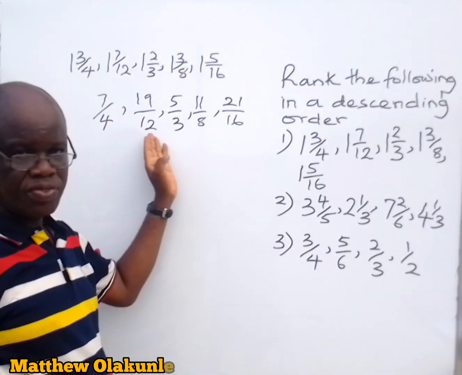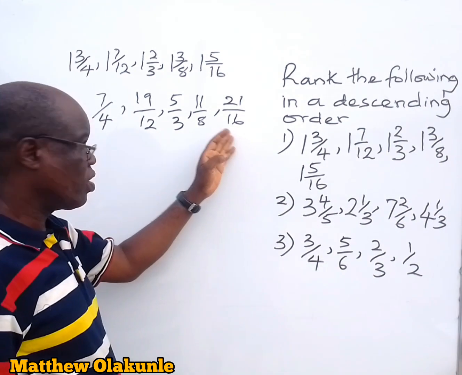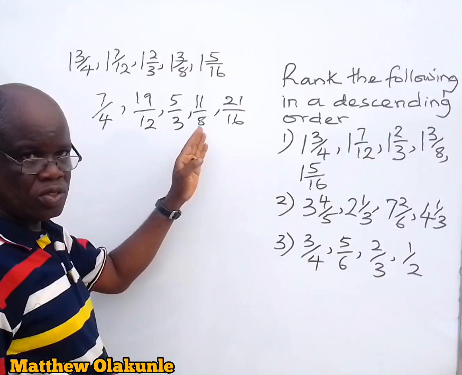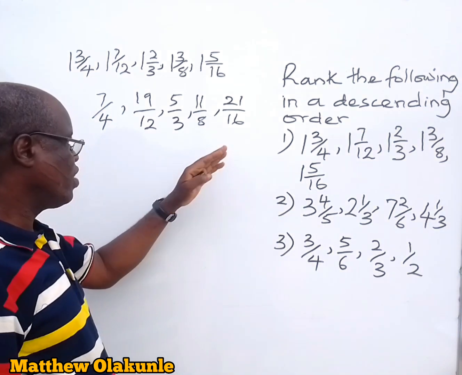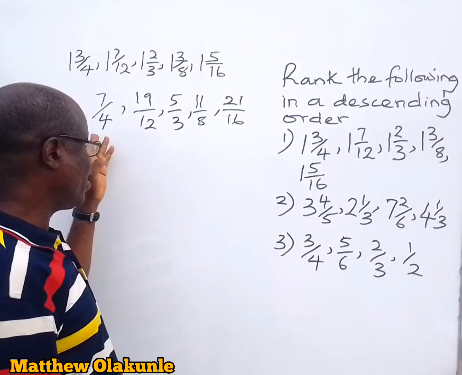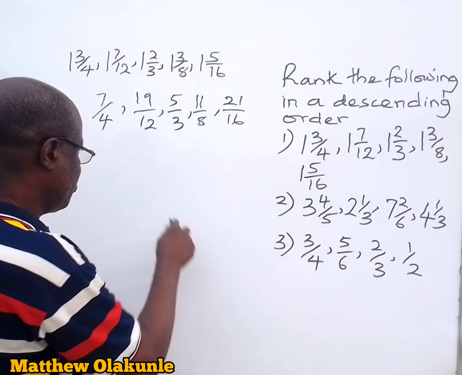Now, because these denominators are not the same, you cannot just rank them that way. You must make sure that you subject all of them to the same denominator. In order to do that, we will find the LCM of 4, 12, 3, 8, and 16.